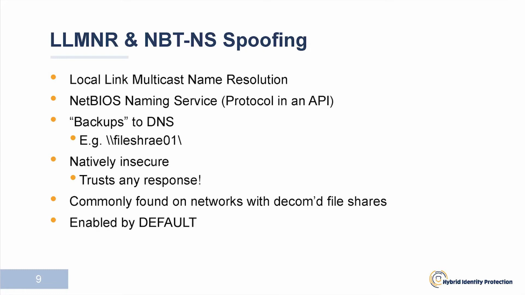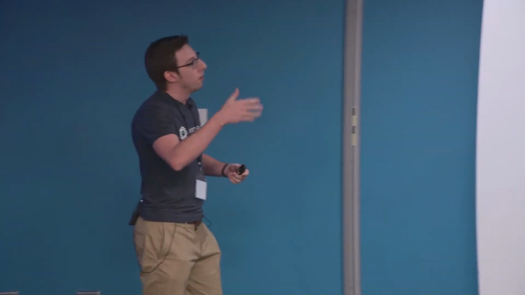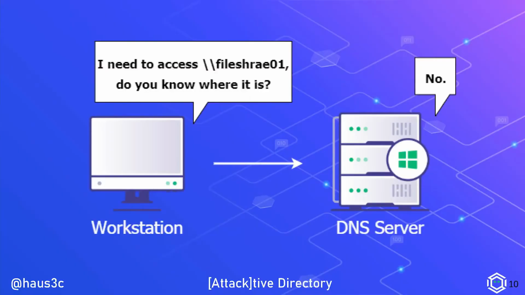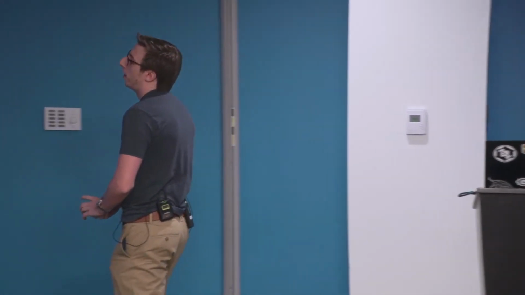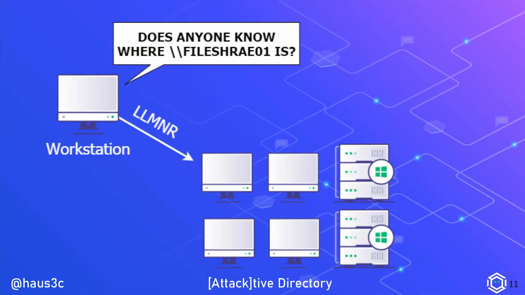For example, if you have a workstation and you go to Windows Explorer and you type in fileshare01, where you're trying to really get to fileshare01, but you made a typo. So it goes to the DNS server and asks, do you know where fileshare01 is? DNS server says no. So what it does next is it shouts to the entire domain via broadcast with the LLMNR protocol saying, does anybody know where fileshare01 is?